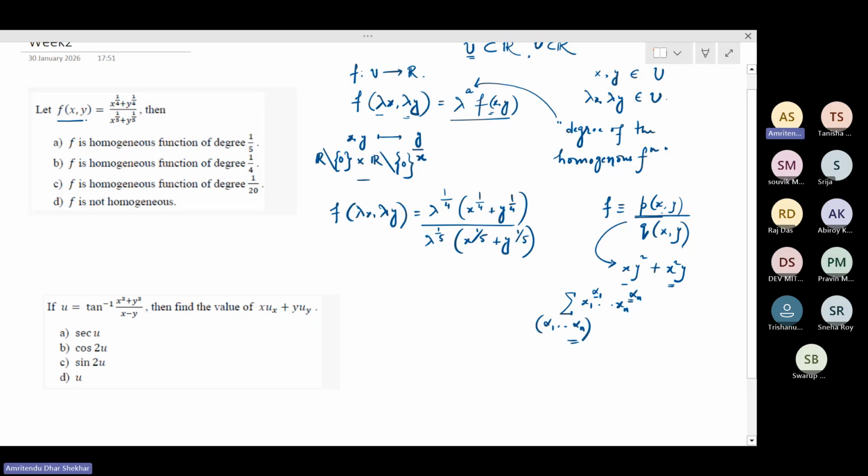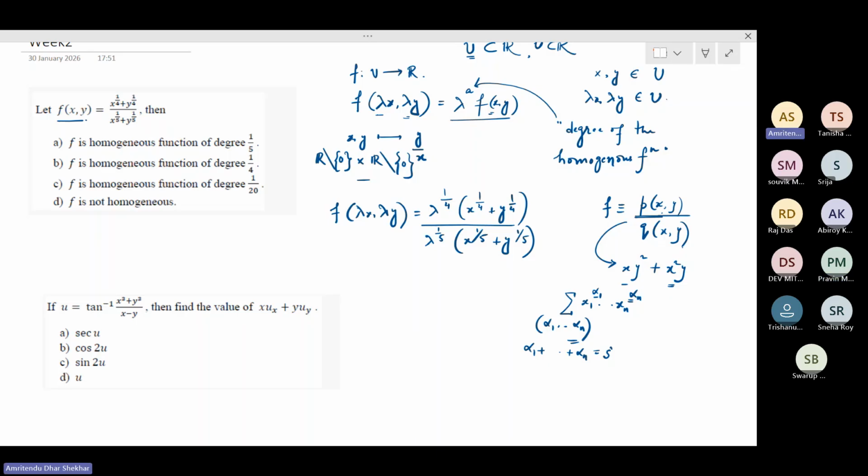These can technically be real numbers, and you have a finite number of terms, not an infinite sum. Alpha 1 to alpha n are tuples such that they add up to some number s. But generally, when dealing with homogeneous functions, we look at exponents that are rational numbers. We generally do not look at irrational numbers.